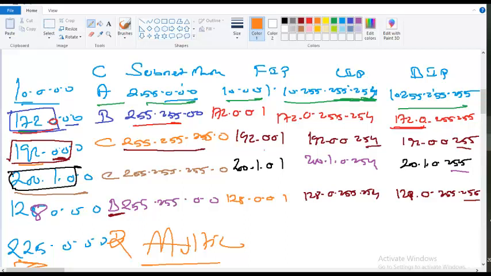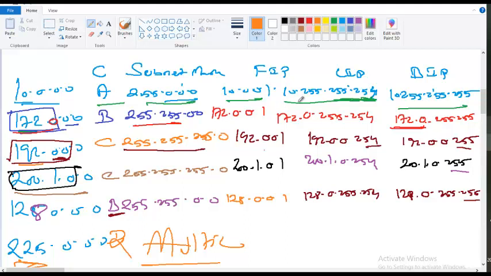But if it is class B, then 2 octets are reserved for host and 2 are reserved for network. So I just got confused. If you say 172, I got confused with the first IP. I thought it is 172.0.1.0 instead of 172.0.0.1.